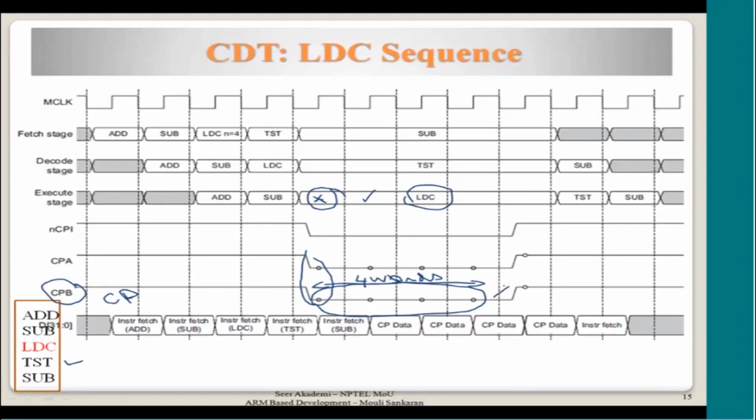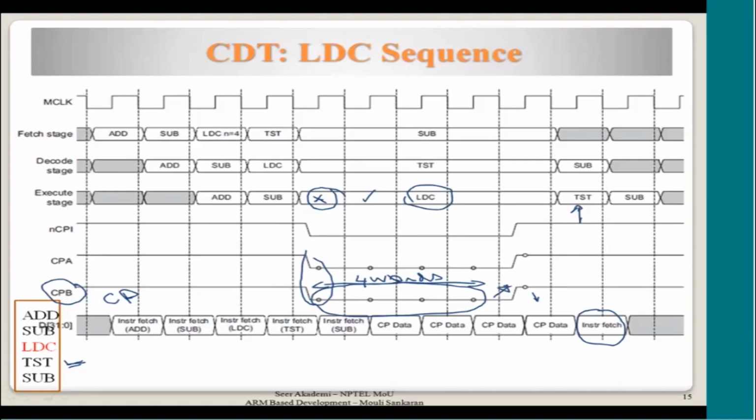That means when this happens, the coprocessor indicates that it is done with the transfer, and now you can stop generating the address. At that moment only, it generates the address for fetching the next instruction, and it goes ahead with the execution of the next instruction which was there in the pipeline. So can you understand this?